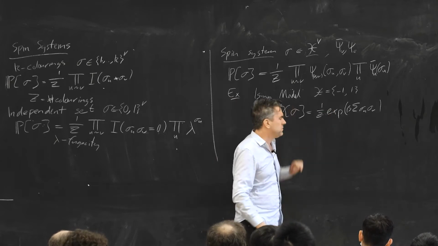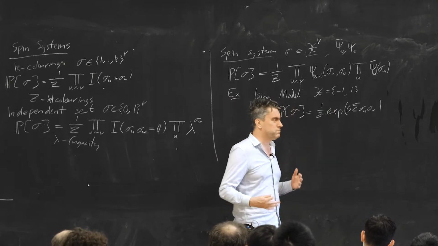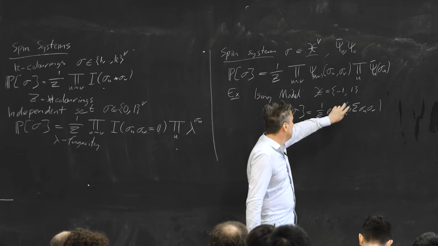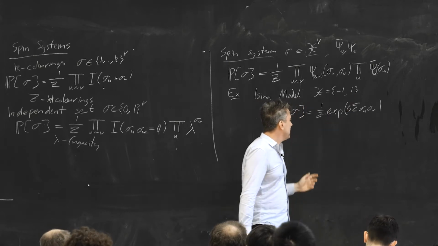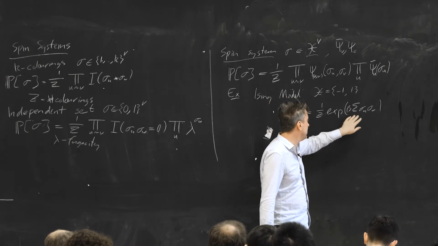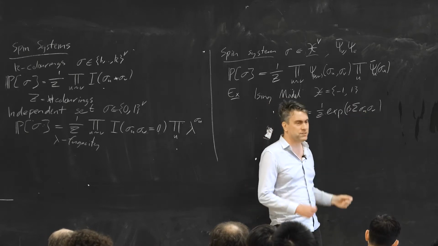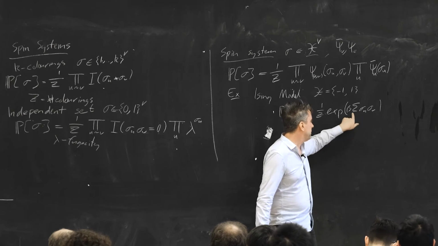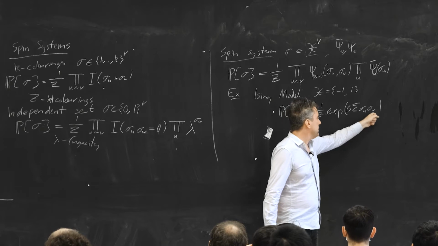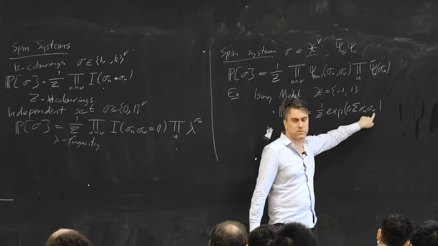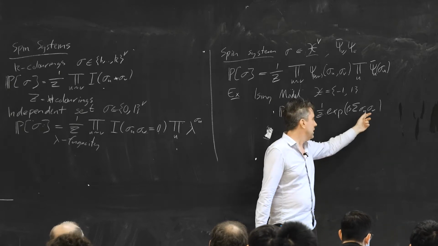This is originally a model of magnetic systems, and each vertex is either in a +1 or -1 state, and the distribution is biased towards having, so this sum of sigma u sigma v, you get 1 if sigma u equals sigma v, and -1 if they're not equal.